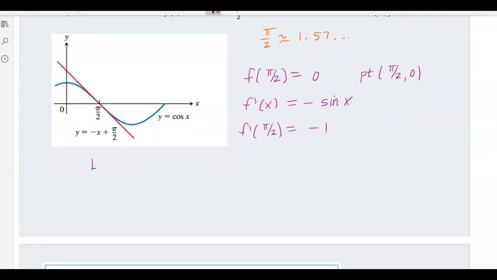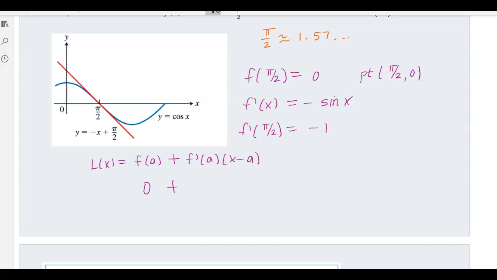So our linearization is going to be this. And again, we're taking a as pi over 2. When we plugged pi over 2 into the function, we got 0, so put 0 here.